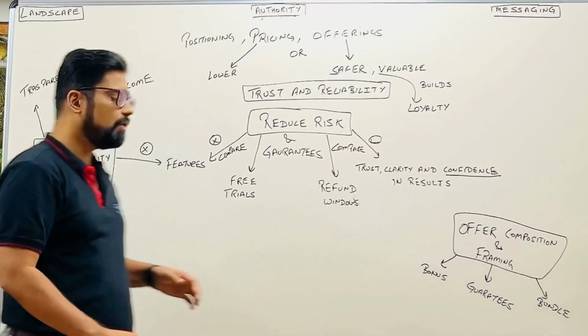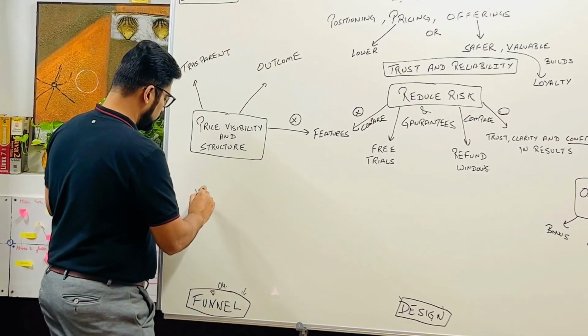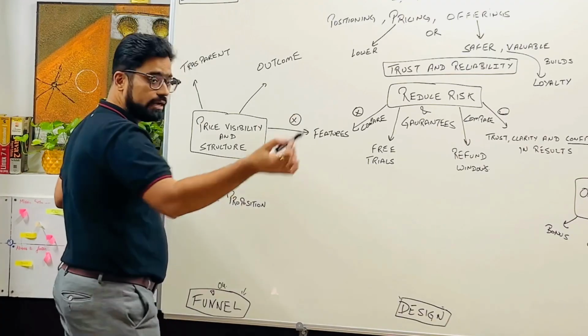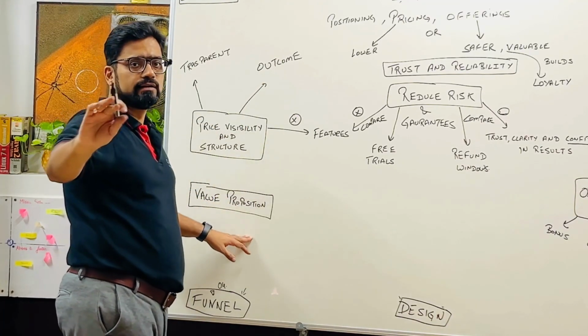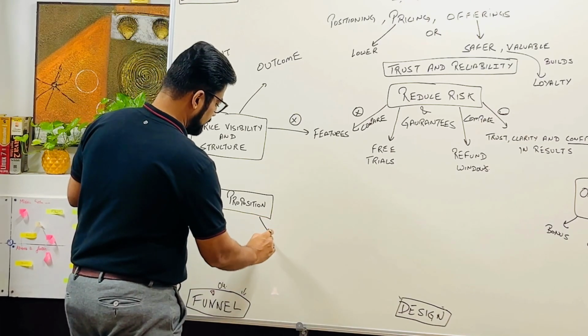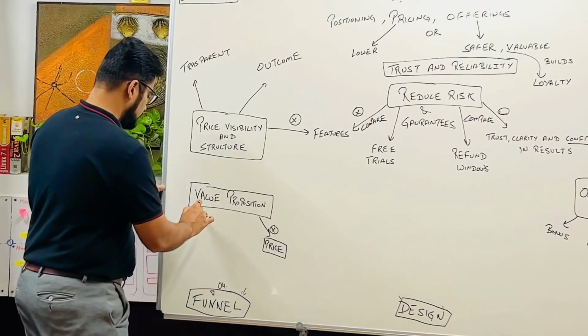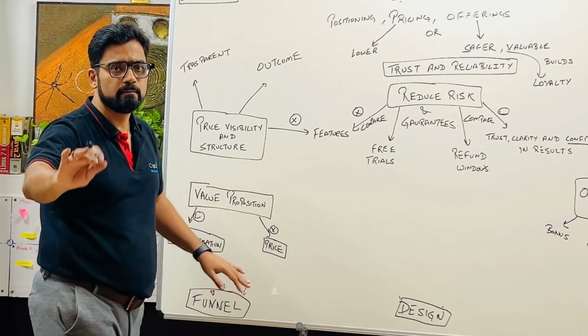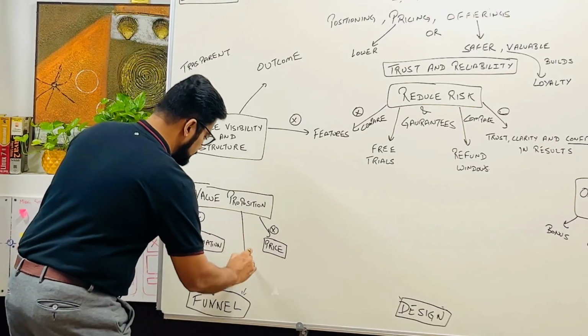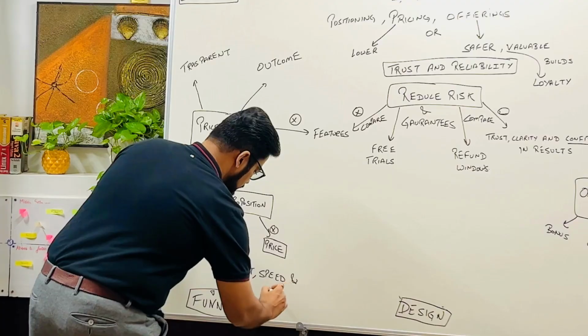Now let's talk about the value proposition beyond the price. Look, the best competitors don't sell price. They sell transformation. They make the price feel irrelevant by focusing on result, speed, and certainty.